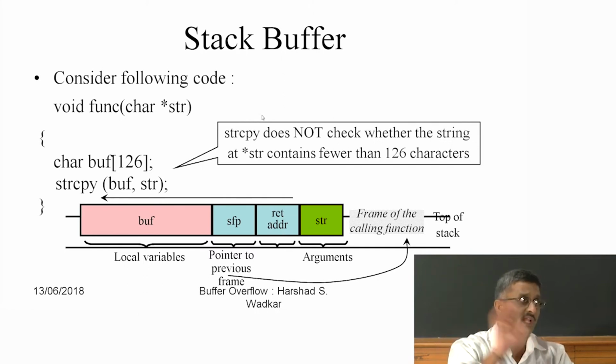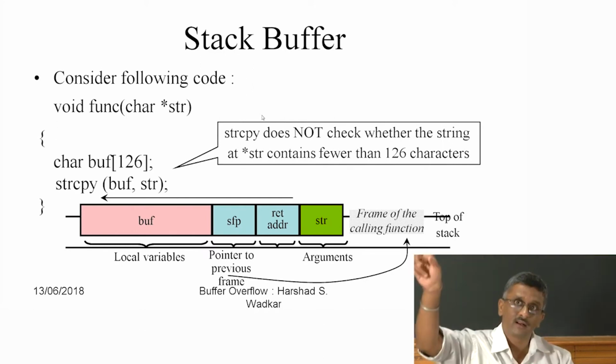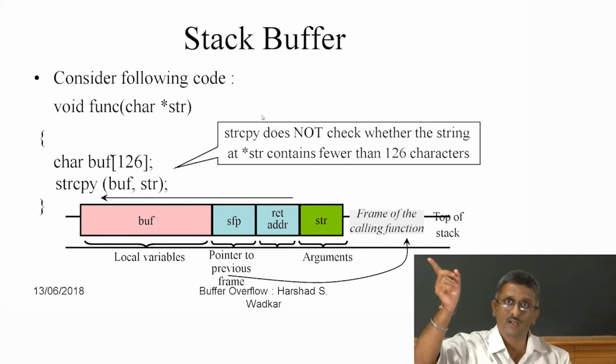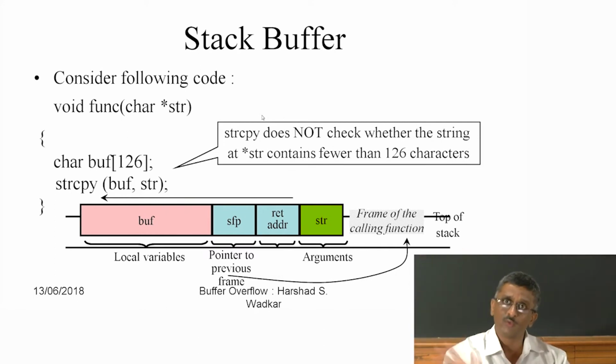So that code will not be executable. Not executable means there is no way of performing the buffer overflow attack. Buffer overflow will happen, but the corresponding code will not execute. Here if I write more than 126 bytes of data, the SFP will get modified, the return address will get modified, and buffer overflow will happen, but the attack will not, because I am making this stack non-executable. So the other code where the control can go will never execute.